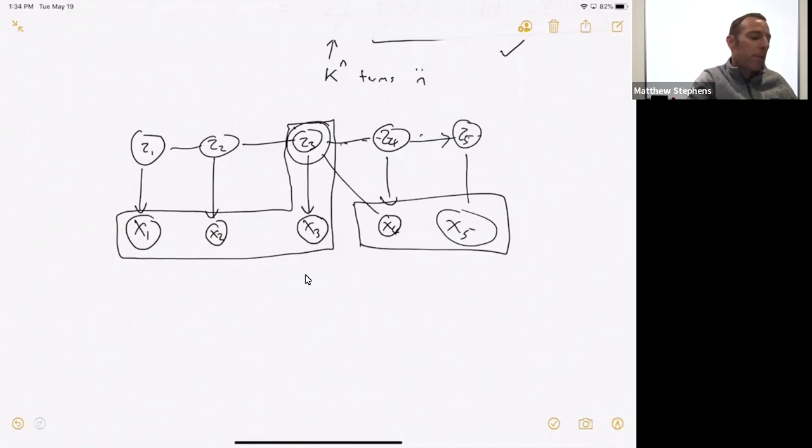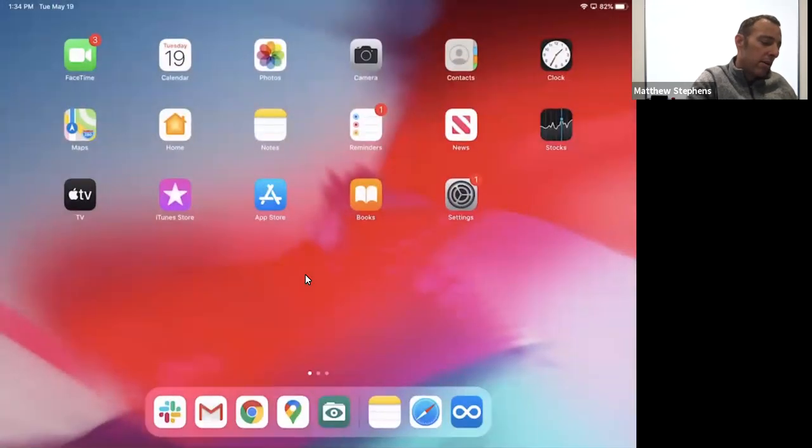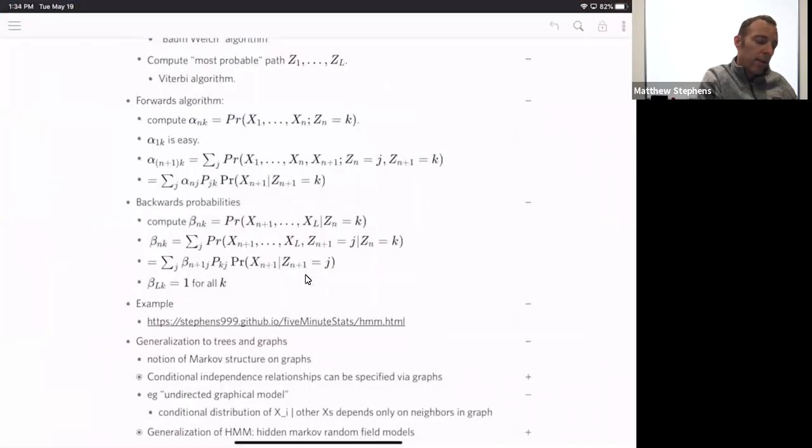So it's actually the probability of these given this one. The forwards probabilities will allow you to compute the probability of x1 up to x3 and z3, and the backwards probabilities will allow you to compute x4 and x5 given z3, I believe. Let's just check that. Yes, okay.